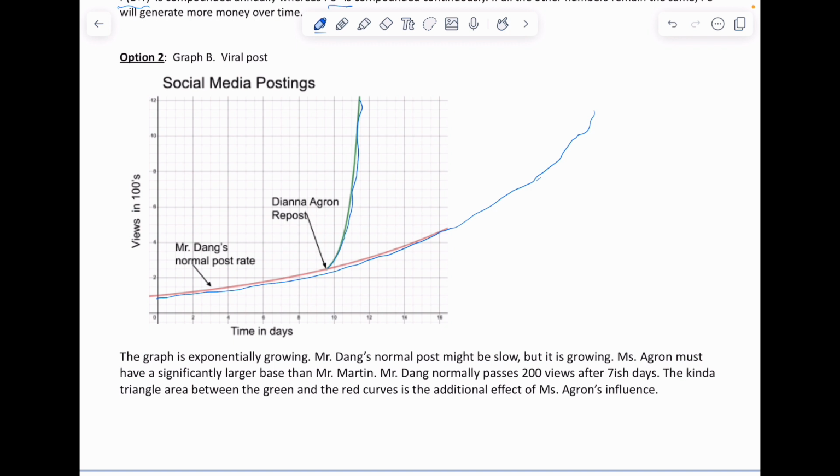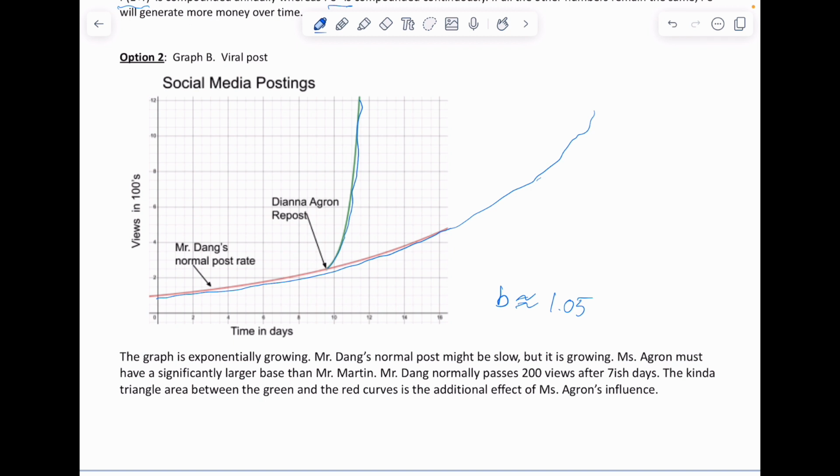In this case, Mr. Dang has probably a base somewhere closer to 1.05, I don't know. It's a small number just above 1, kind of like those interest rates, and it grows slowly.